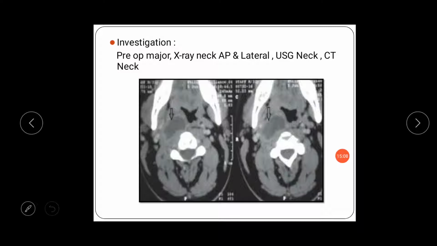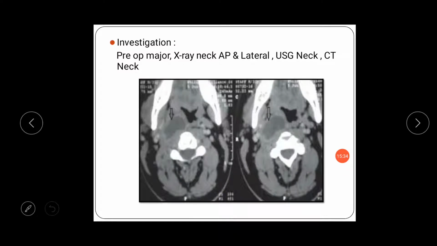Investigations: we can go for routine investigations like CBC, RBS, HBsAg, HIV and pre-op major investigations. X-ray neck and epilateral view can be taken. USG neck will give you an idea about the abscess just over the tonsil, peritonsillar region and just medial to the parotid gland.